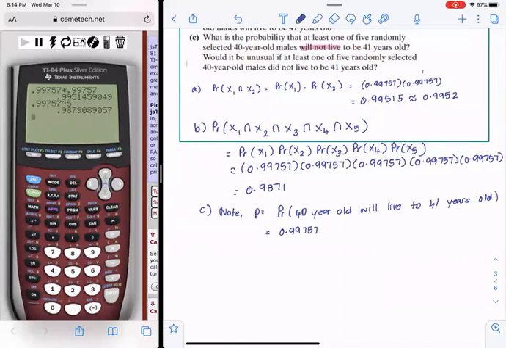So whatever we are looking for is the complement of what we have.